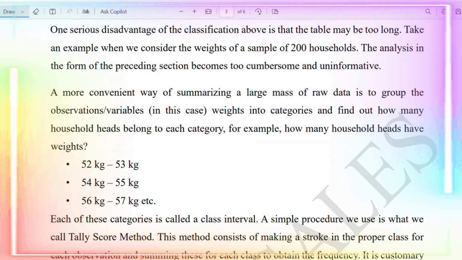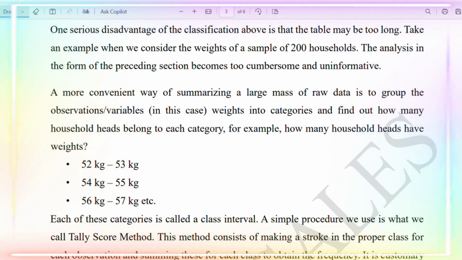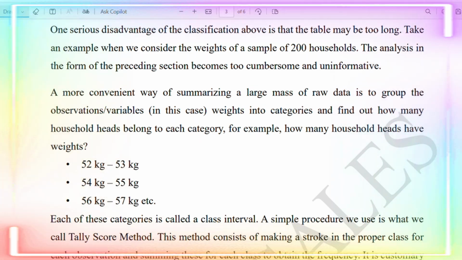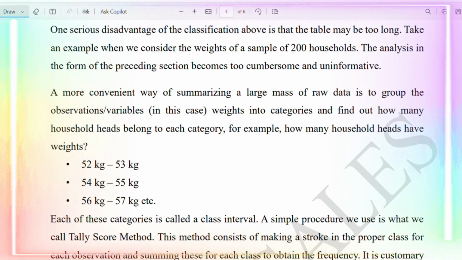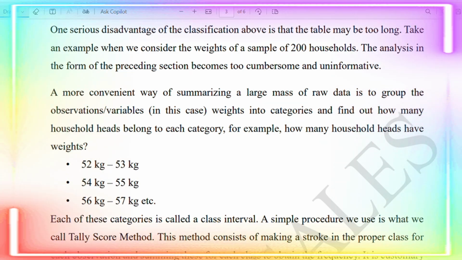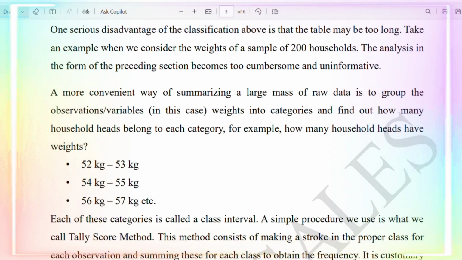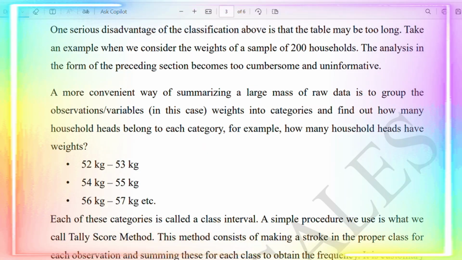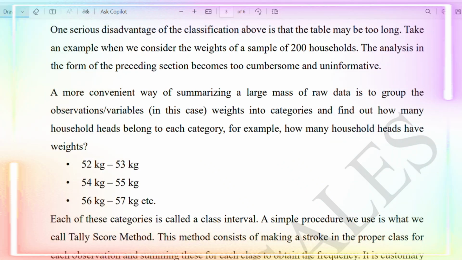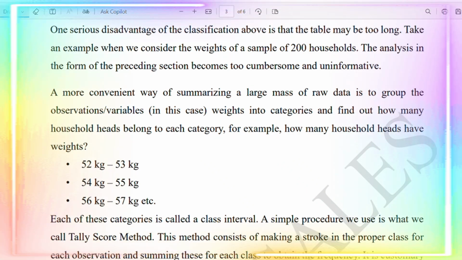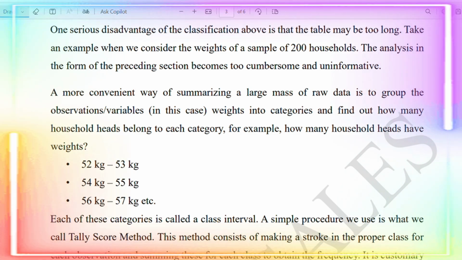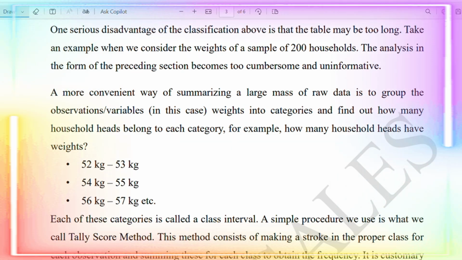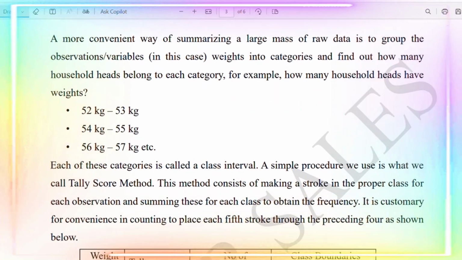It will be more convenient to do this so that the table will be easily presentable, and we can view it in a summarizing way. Now, for example, in that data that I've just discussed, we can present it in such a way that we have 52 to 53, 54 to 55, such that in each class or group we have 2 observations. Then we have 56 to 57, and so on and so forth.